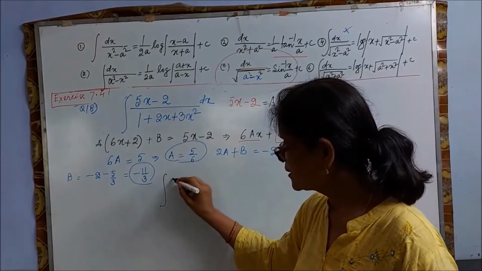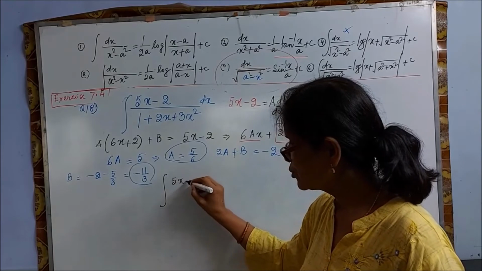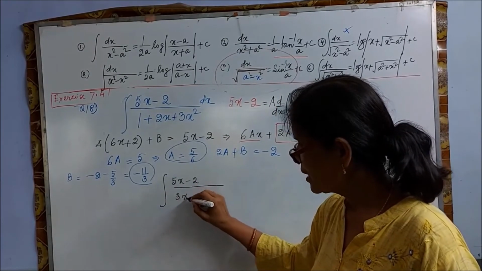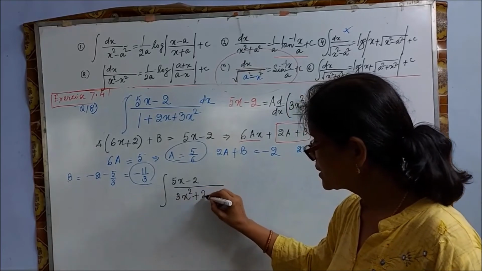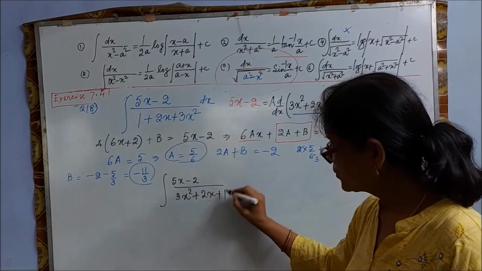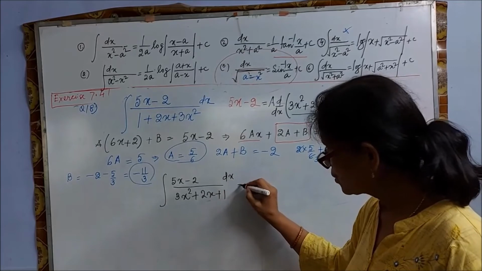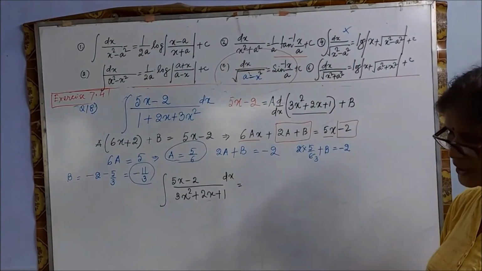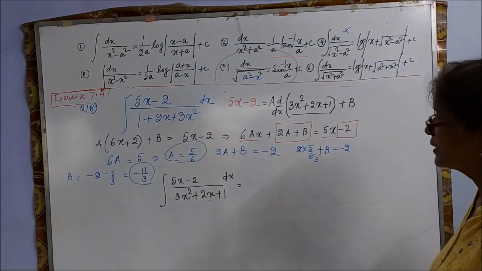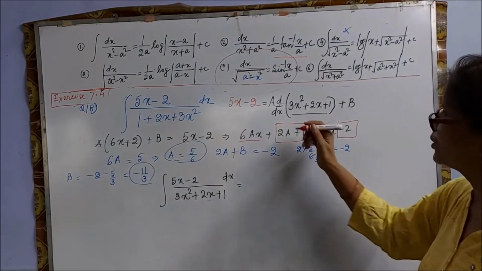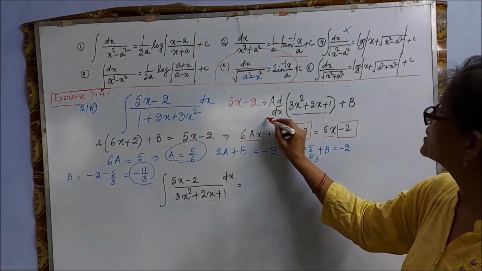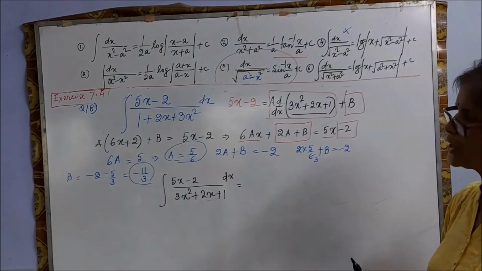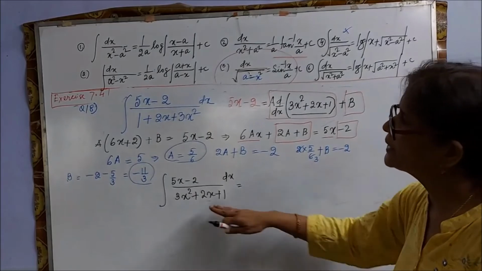I am writing that the integral of (5x minus 2) by (3x square plus 2x plus 1) dx is equal to, one is a with the derivative. I've broken it into two: one is this, one is b. I'll make it into two fractions, two integrals.